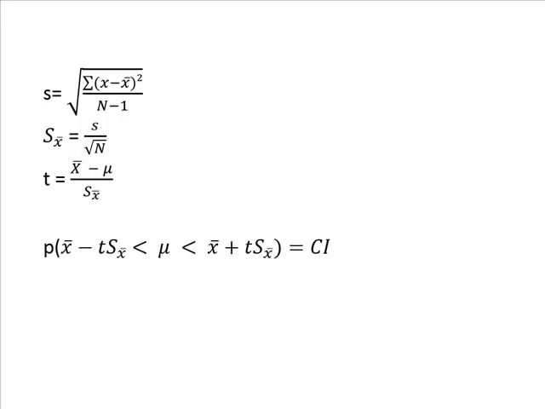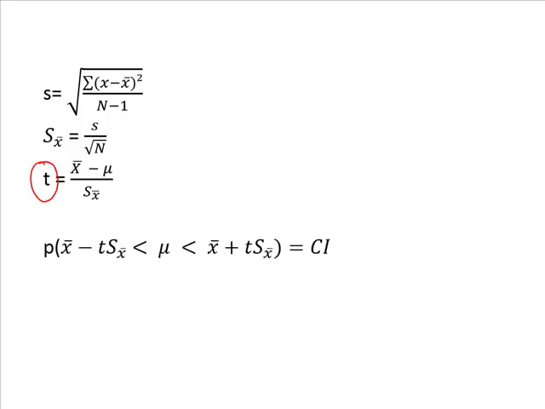Now here is where we first encounter t. There's Student's t. Look at that equation. You guys can do that equation in your sleep. As long as you have the right numbers, right, Joey?